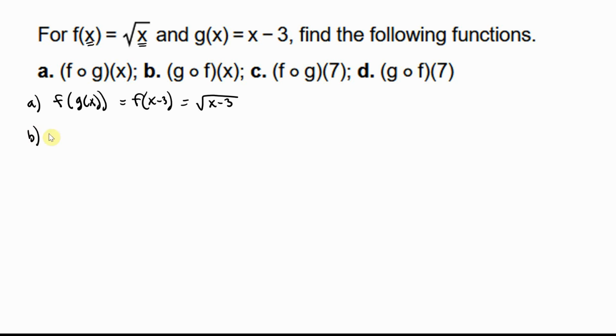Part B, g composed with f, that's g of f of x. This is g of the square root of x. G says whatever you give me, I write it here, and then minus 3. So I'm giving you the square root of x, and on the outside, minus 3. These are different. They're not the same.